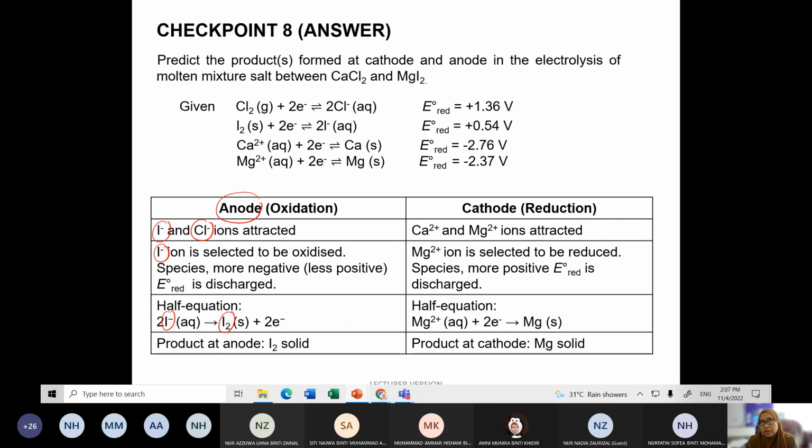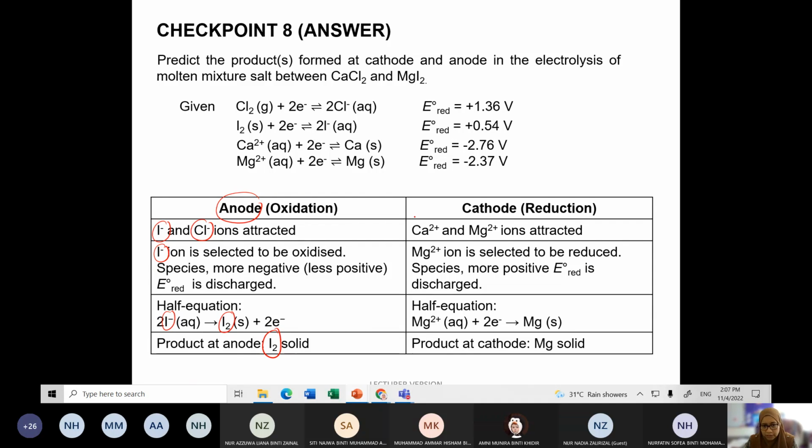Fluorine is rarely discharged. Bromide ion, if it is oxidized, will produce Br2, not Br. So the product at the anode, we will observe is I2, solid iodine.